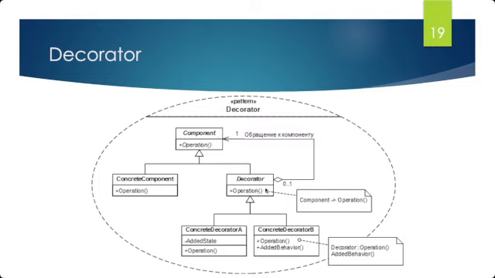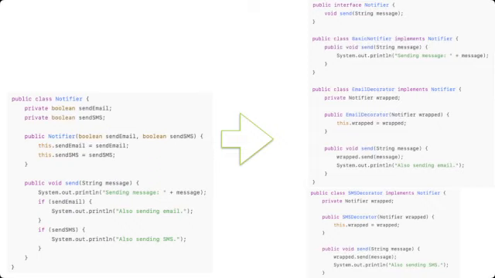When we have a base object, we put this object into another object, and we can create such a chain of objects, one object inside another, inside another, inside another, and we can call some operation on one object, and it will call the same operation on the child, and so on. In our example, we can replace our Notifier class with such a hierarchy.